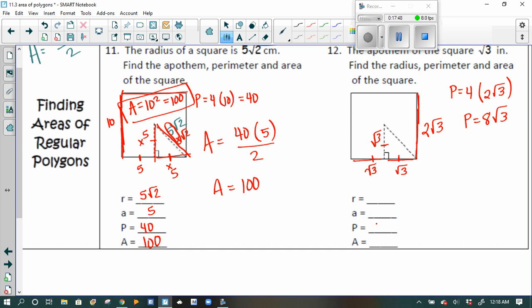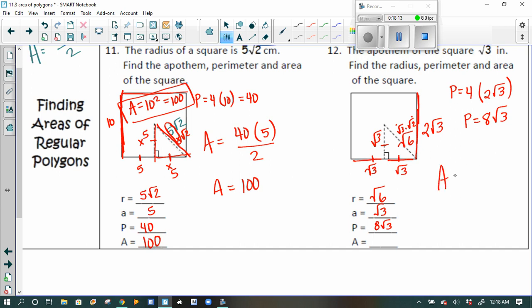So I'm going to go down here and I'm going to say, okay, the perimeter is 8 square root of 3. The apothem is the square root of 3. So the radius is going to be square root of 3 times the square root of 2. So that makes it the square root of 6. Because remember, x square root 2.